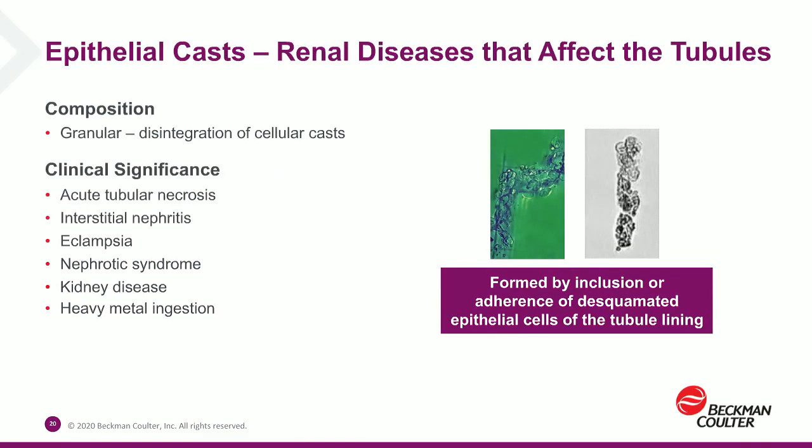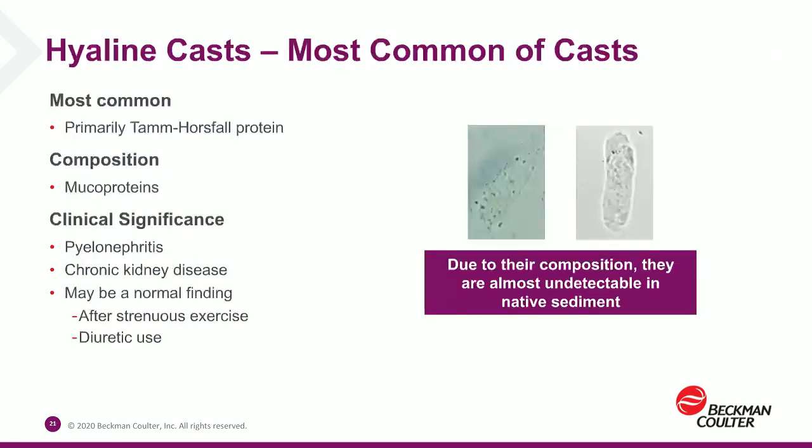Epithelial casts are usually the result of the breakdown of cellular casts and formed by the adherence of epithelial cells to the tubule lining. These casts are clinically significant for a broad range of conditions to include acute tubular necrosis, nephrotic syndrome, and heavy metal ingestion.